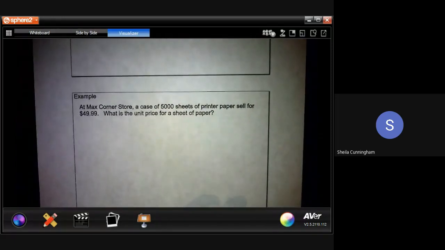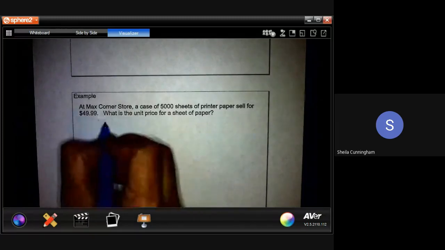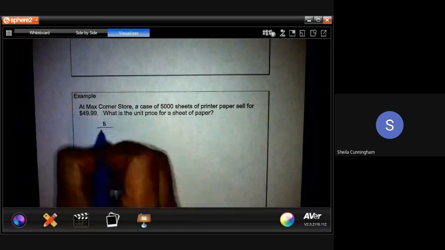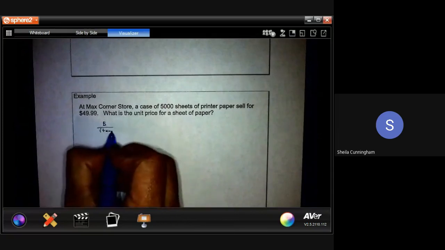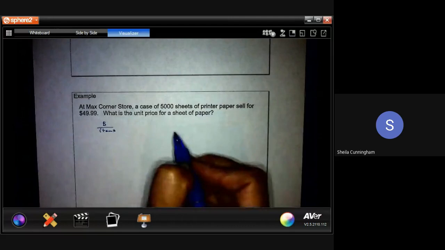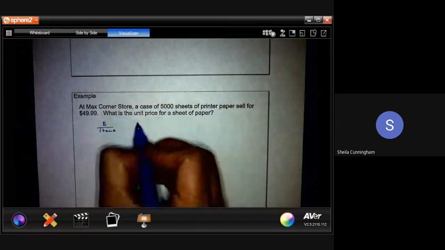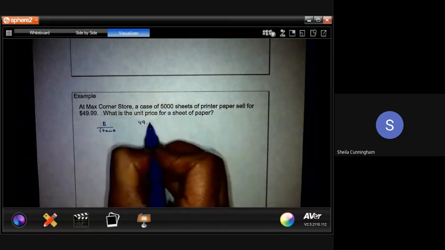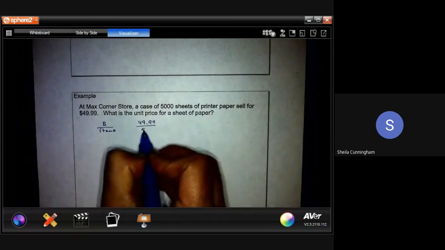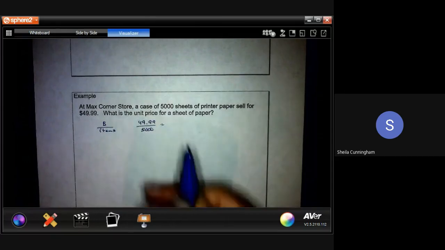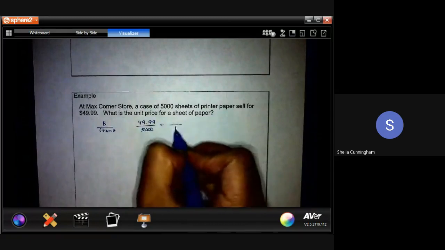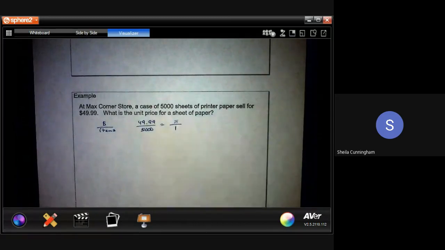Next, you're at Mac's Corner Store, and this time 5,000 sheets of printer paper sell for $49.99. We want to find the unit price for 1 sheet of paper. Same thing: money on the top and items on the bottom. $49.99 is the cost for 5,000 sheets, but now I want to know the cost for 1 sheet, and I put an X in there to represent that cost.